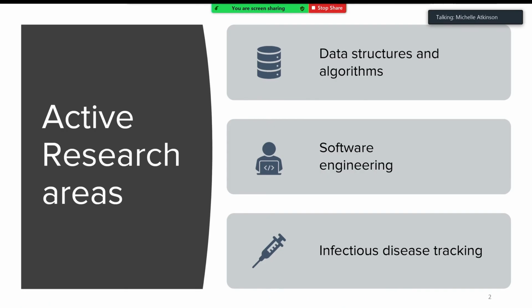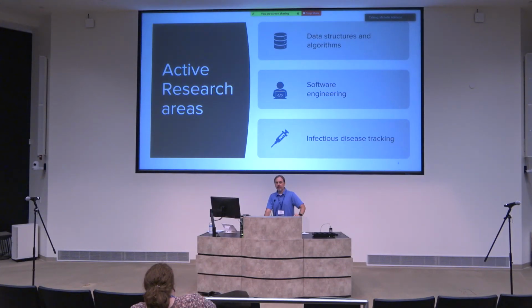So just to give you an overview before I jump into it over the next 12, 13, 14 minutes, here is an overview of what my group does, and I think this slide summarizes it reasonably well. I think a lot about software engineering, data structures and algorithms, and infectious disease tracking and analysis.